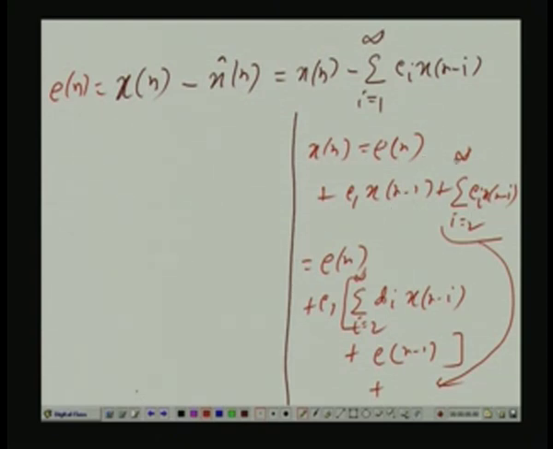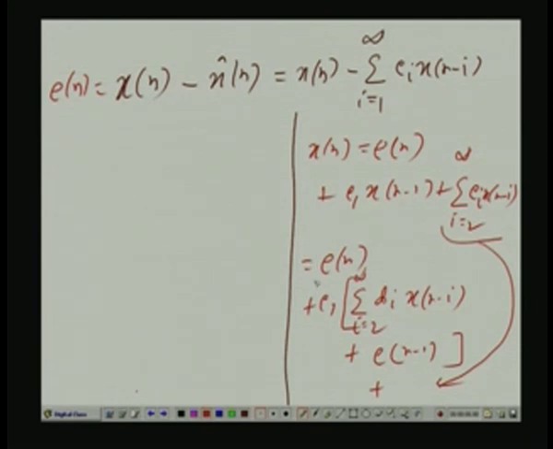X n minus 1 again if you project on its past, the error is E n minus 1. So, x n minus 1 can be written as a summation of the error and that projection starts at x n minus 2. Now, if you simplify this, you will get one term involving E n, another term E n minus 1 and past x n minus 2, x n minus 3. You go on doing it again and again. So, you will keep getting terms like E n minus 1, E n minus 2, E n minus 3 and the linear combination.